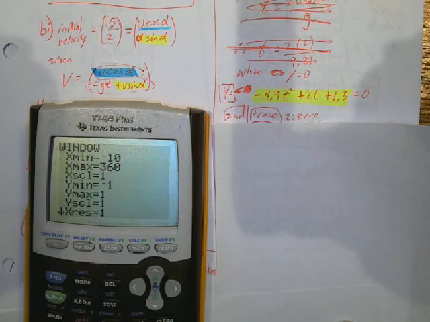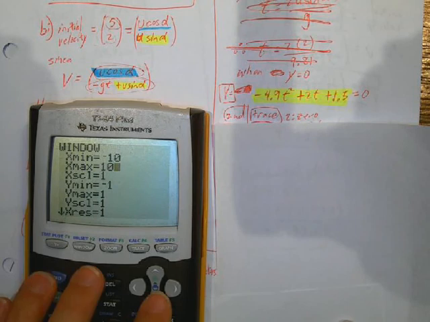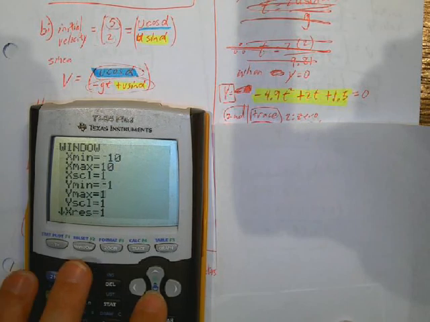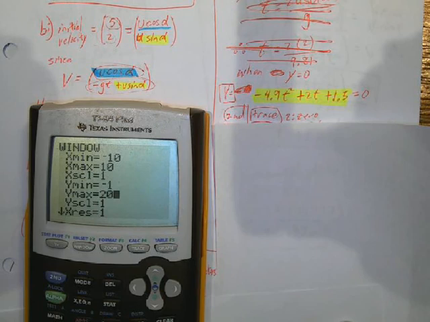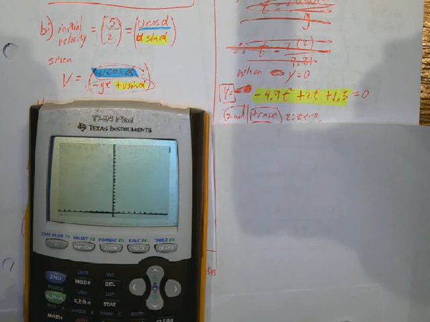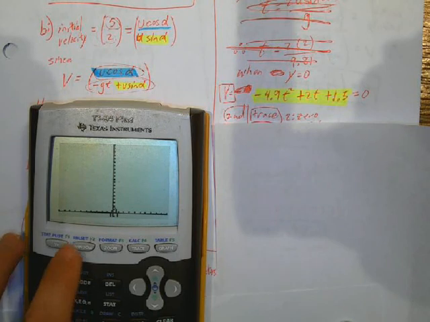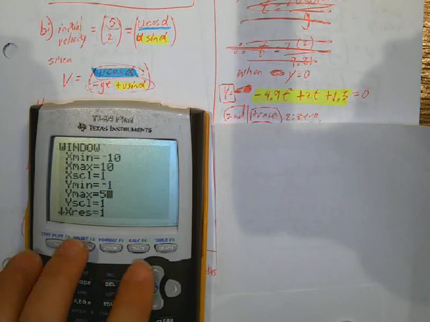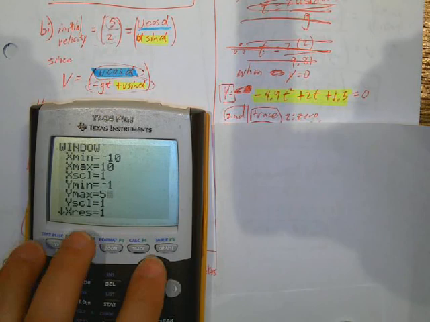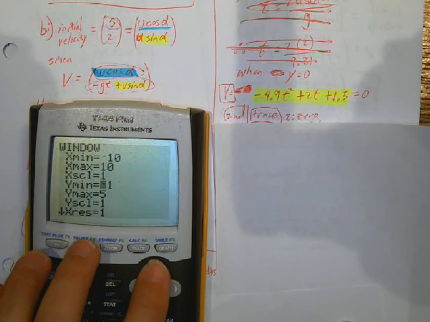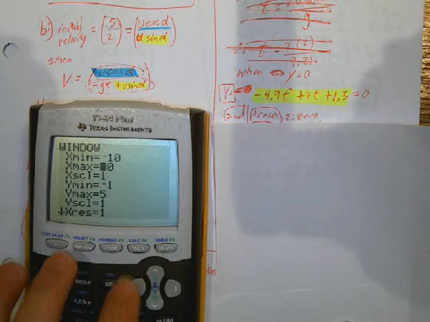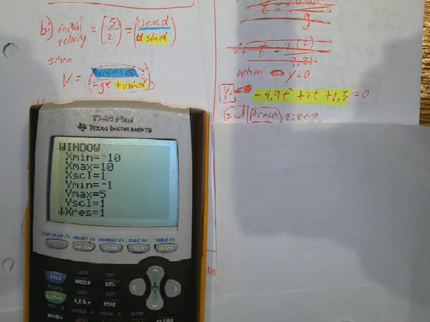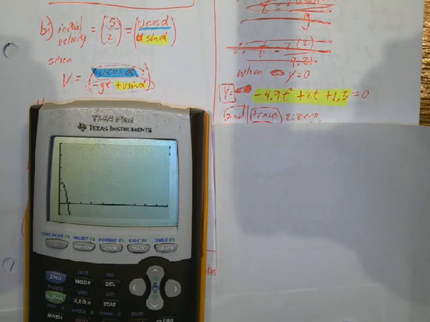X max, let's make that 10. The minimum doesn't matter. Let's make that 20. What does this graph look like? Maybe I made it wrong. Let's change the window again. Make the y max equal to 5. We don't really need that to ever be less than 0, because it's only going one direction.